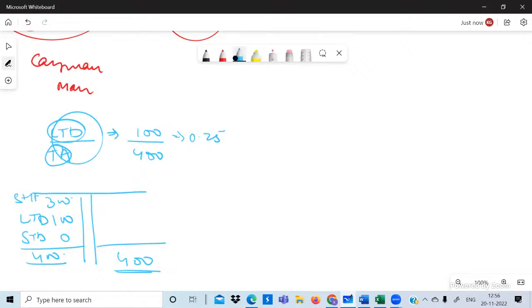So lower the ratio, lower is the risk. And if this ratio is high, then it's the reverse.